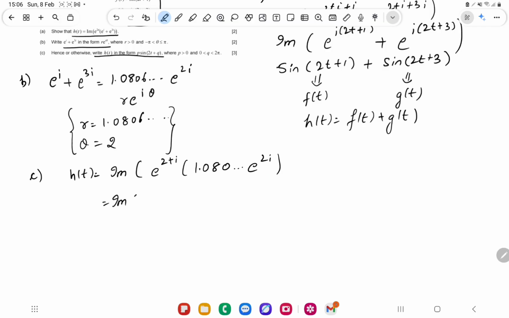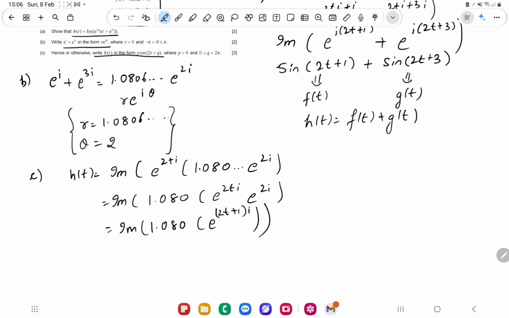So I can use my GDC and write it like this also, e to the power 2i. I can further simplify this and write this as e to the power (2t plus 1) into i. So this is nothing, sorry, it should be 2. So this is nothing but sine(2t plus 2), and I can write my magnitude in this form.